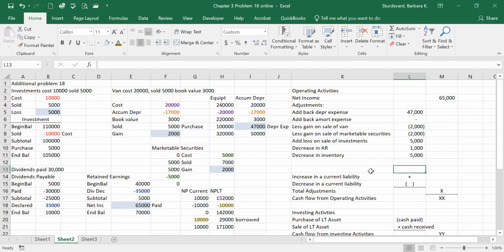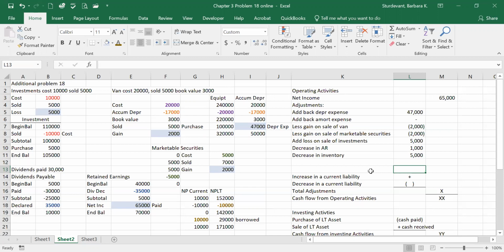So as far as the assets go, this is all we're putting here because all the other ones are long-term. Does that answer your question? So because this is non-current investments, that would go into the investing activities, because that would be long-term. Correct. And honestly, you're not going to see a current investment. You will see marketable securities, which are technically current assets, but because you're selling them, they're going to go down in the middle section.